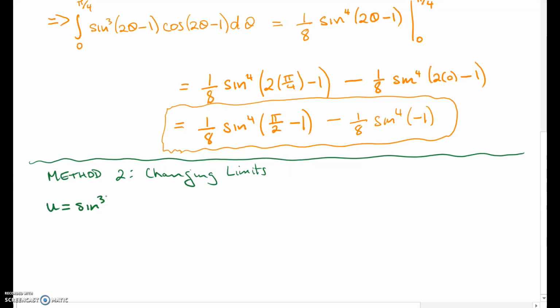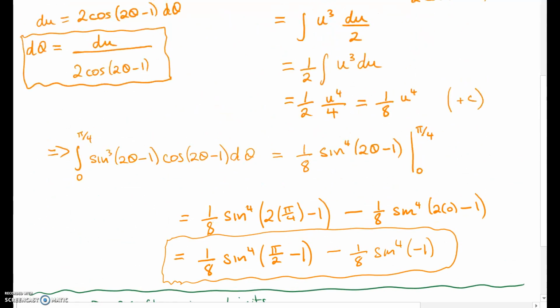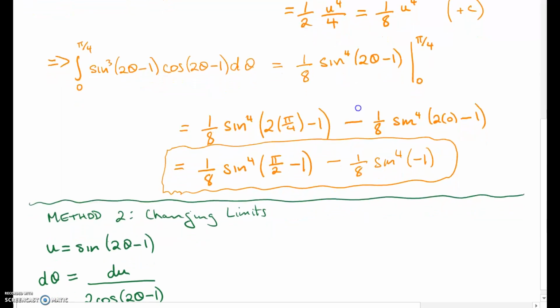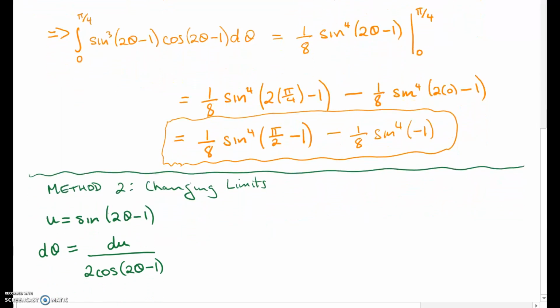We're letting u be sine of 2 theta minus 1, and I'm just going to steal from up above: d theta is equal to du over 2 cosine of 2 theta minus 1. I'm pretty sure, let me just check, du over 2 cosine 2 theta minus 1, that's it.